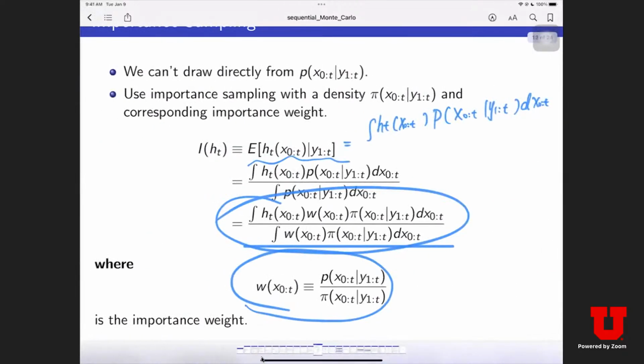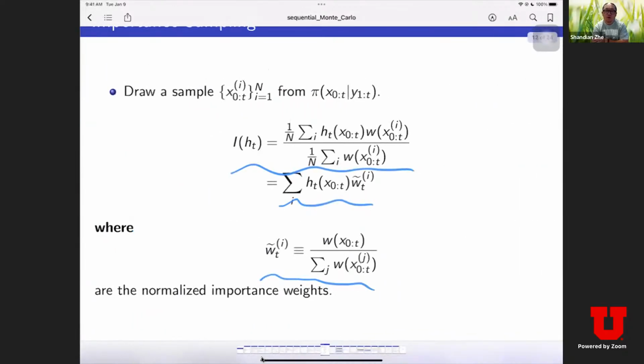That is because if we choose a different pi, we are sampling from a different density pi. If we choose different x from the pi, we will get a different w.